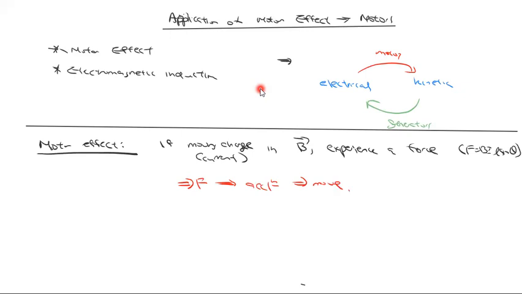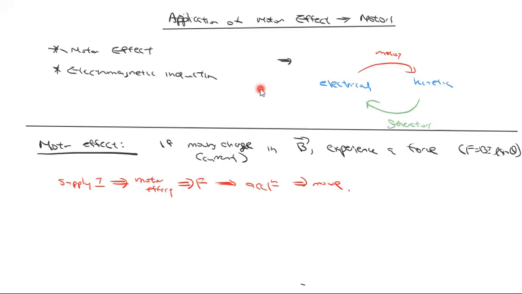So we're going to supply current, and then due to the motor effect, we're going to get force, which provides acceleration, which then gets it moving. That is the very basic idea behind it.